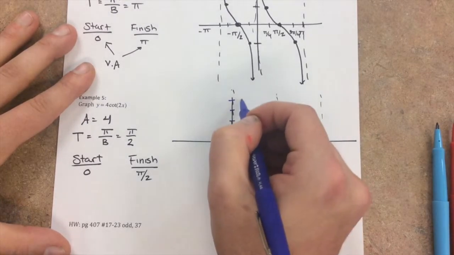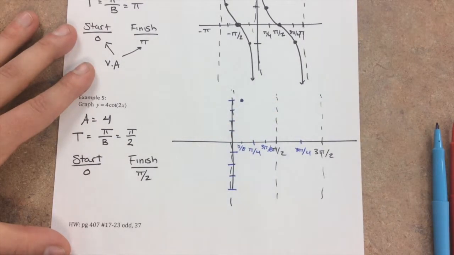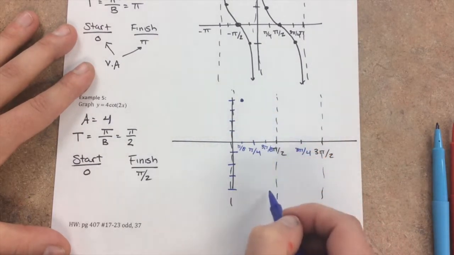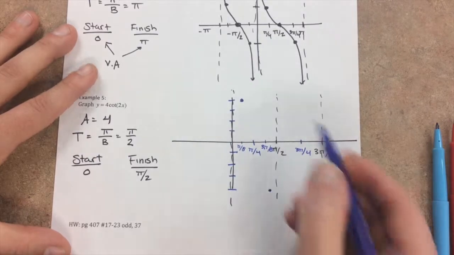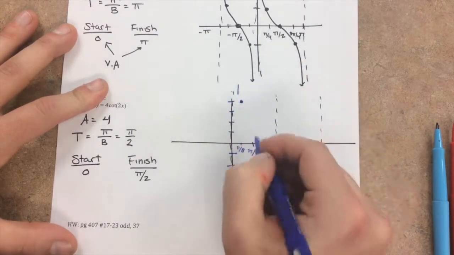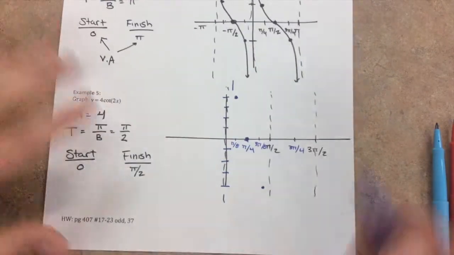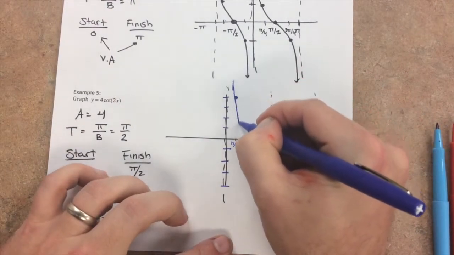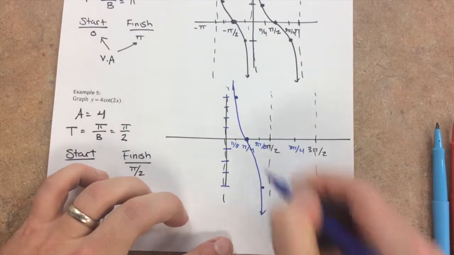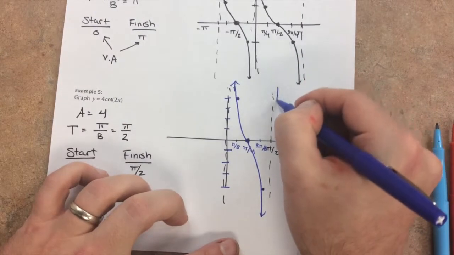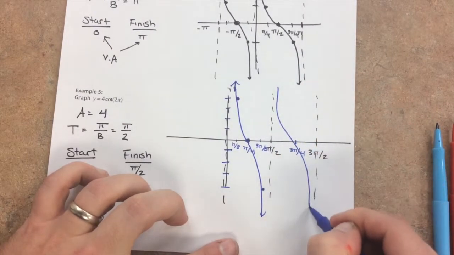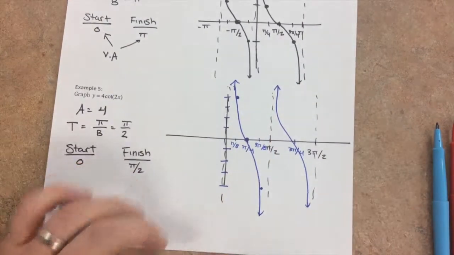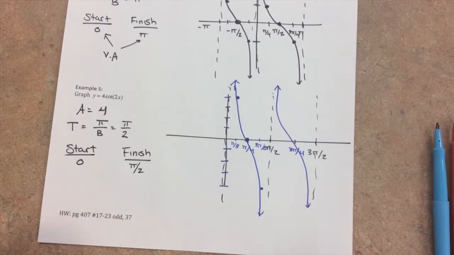At pi over 8, we would get 4. At 3 pi over 8, we would get negative 4. And at pi over 4, excuse me, we would get 0. Now we just connect the dots. So same thing here. Our function is going to look something like that.